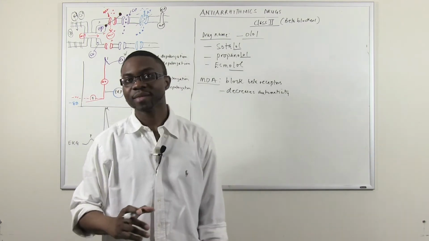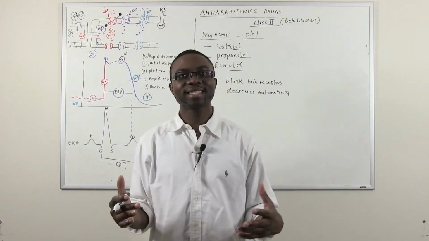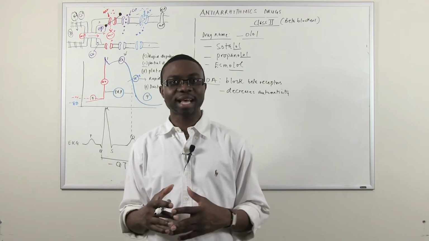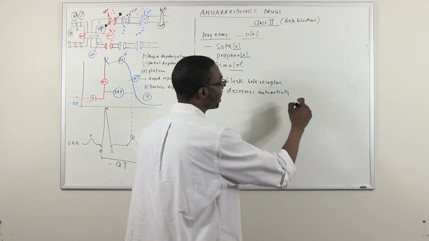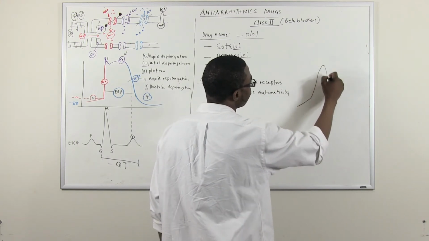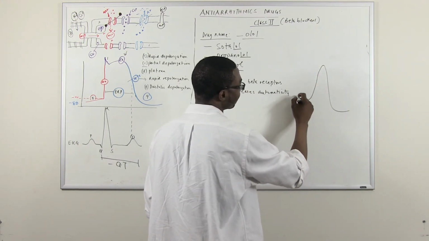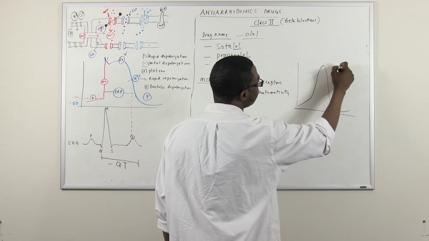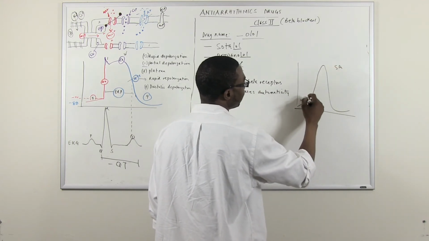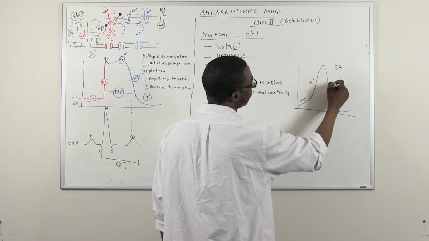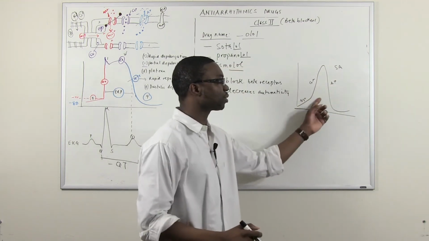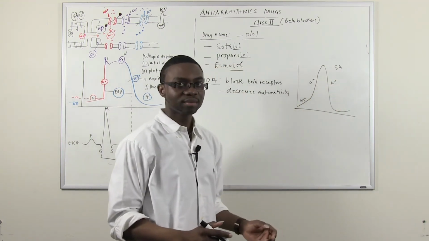Well, how does it do that? The SA node is the automatic jump starter inside the heart. But it also has beta receptors on it. And remember that nice little graph for the SA node, where you have sodium influx, and then calcium influx, and then potassium for repolarization, so depolarization and repolarization.